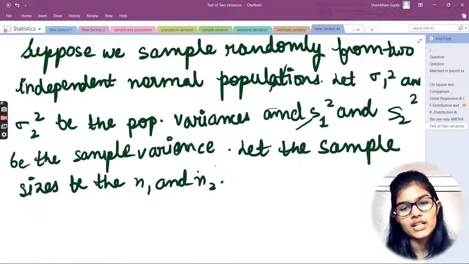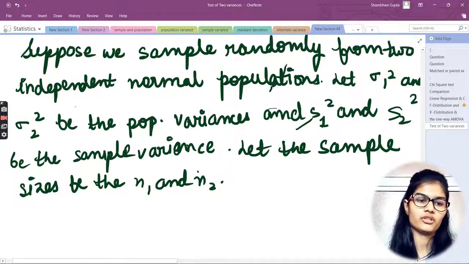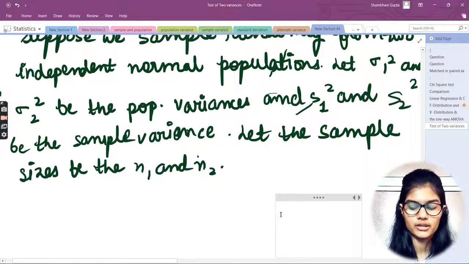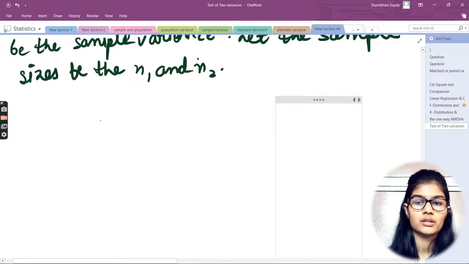So basically, as we just wanted to find out, we're interested in comparing the two sample variances. So in that case, we're going to use the F ratio formula. Let me come down and show you that.